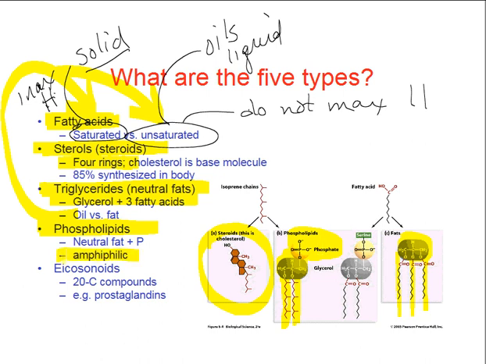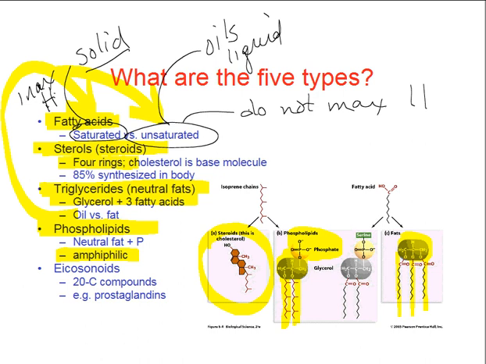Now because that phosphate group is attached, and phosphate loves water, it is very hydrophilic. And the other side of the molecule where the fatty acids are, we know is very hydrophobic. It doesn't like water. So phospholipids are very interesting. A part of that molecule is very water-loving, hydrophilic, that's the phosphate part. A part of that molecule is very hydrophobic or water-fearing, that's the fatty acid part.